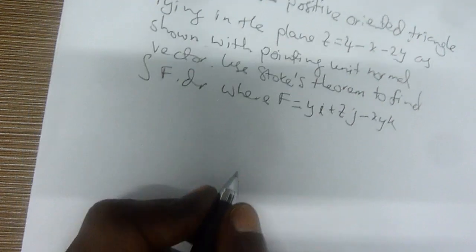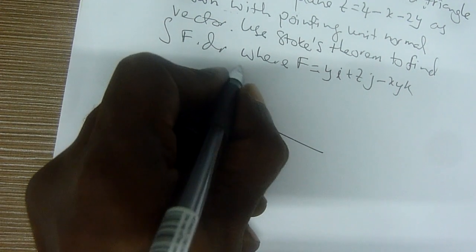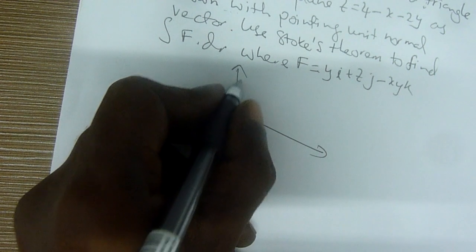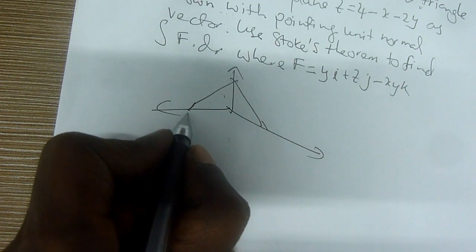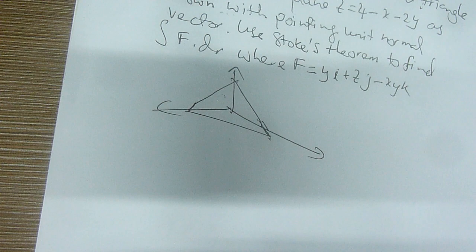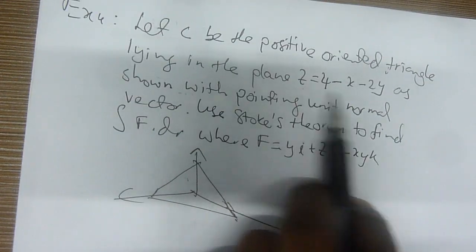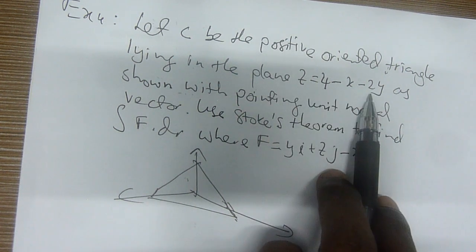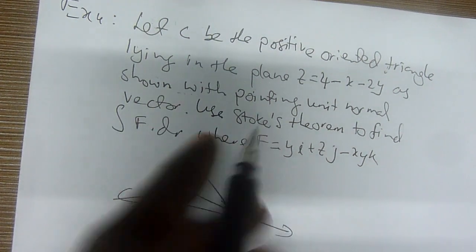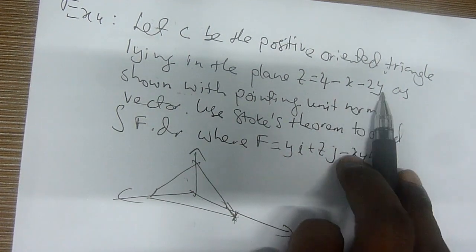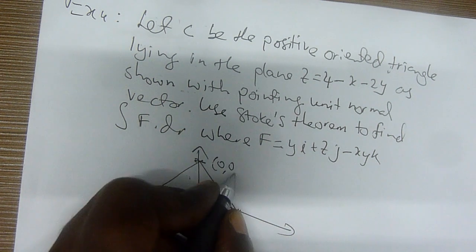This is a 3D problem, and which one do they want you to start work? We know by obvious, it's a tetrahedron. How do I know? The basic thing is look at this plane. From here, I can decide, if x and y are 0, z is 4, so 0, 0, 4.